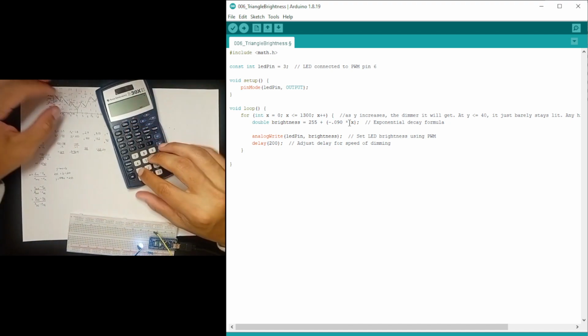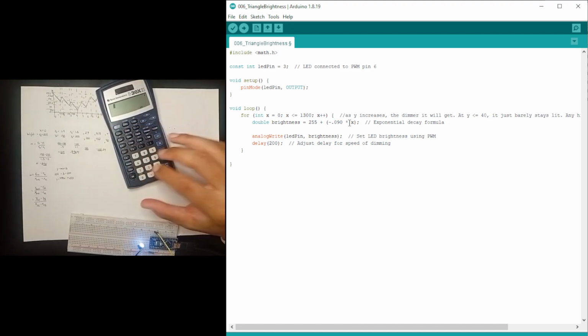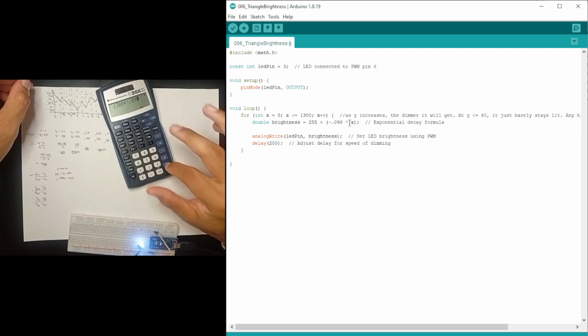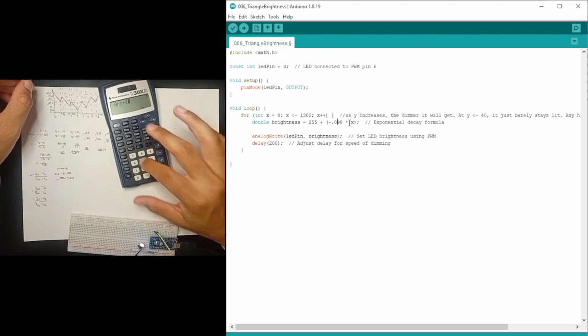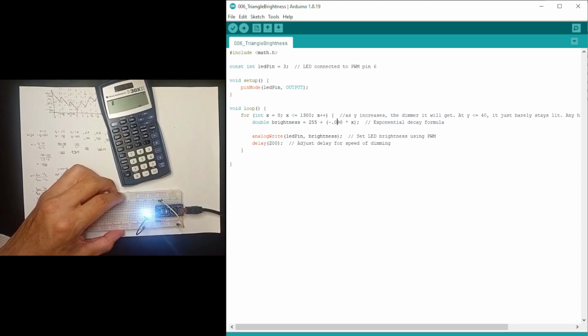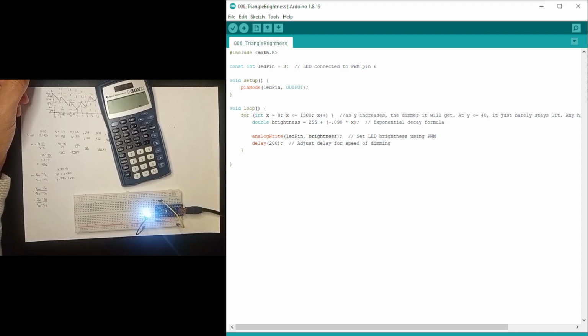That way, when x equals 1300 times minus 0.09 plus 255, we get 138. Okay. Now, how's that math? Yep. Okay, the question there is going to be the delay. Let's go 5, not 50.